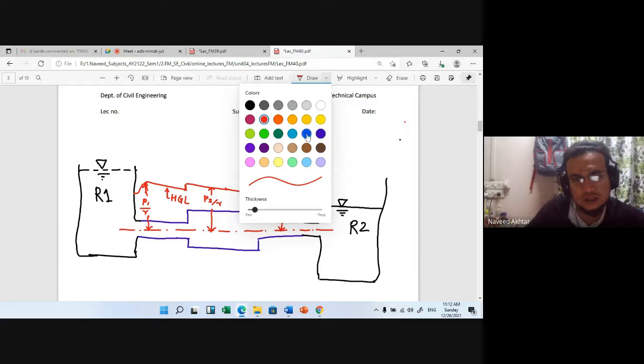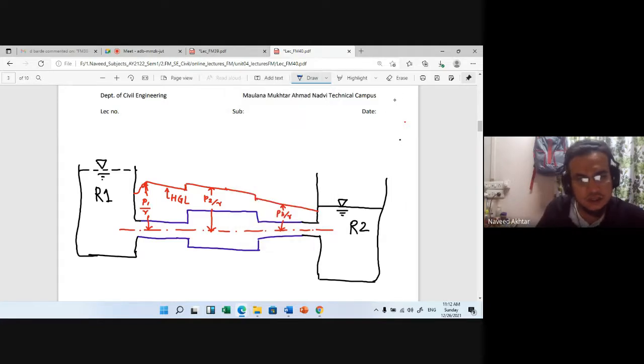And now we'll draw this, so there is some difference. This one is the EGL, the energy gradient line, EGL, and it is always reducing as the pipe flow proceeds.